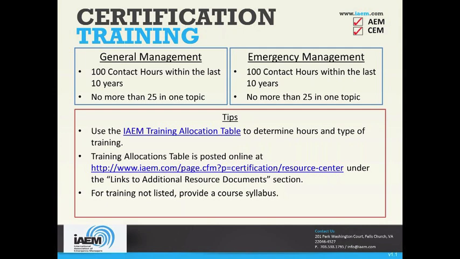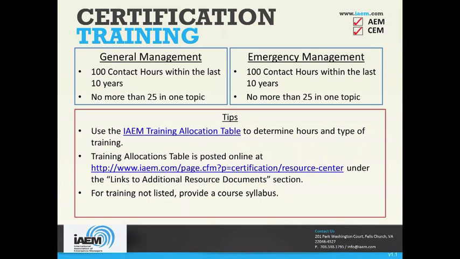One of the key points of this is that there is no more than 25 hours in a single topic or a single subject. So when you're entering this into your application, and we'll see an example of that in a second, you need to put what subject or topic that course was. So if it was IS 100, so it was an incident management course, your subject or topic would be incident management.